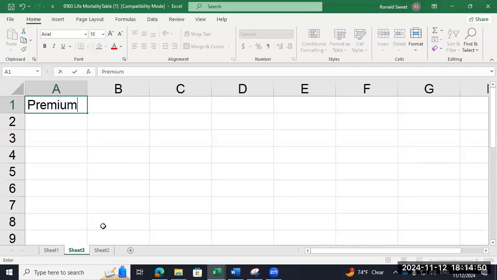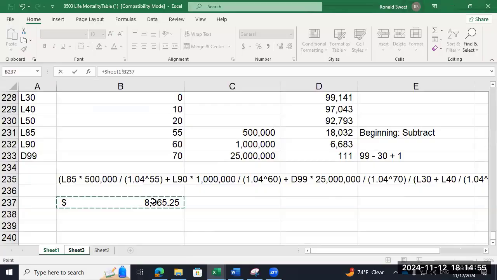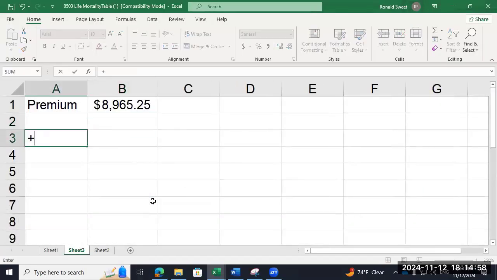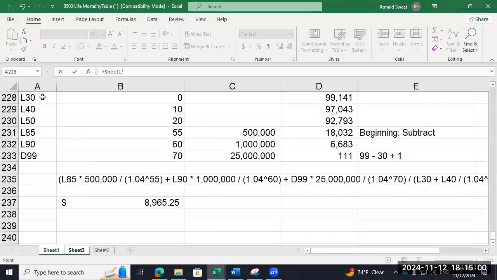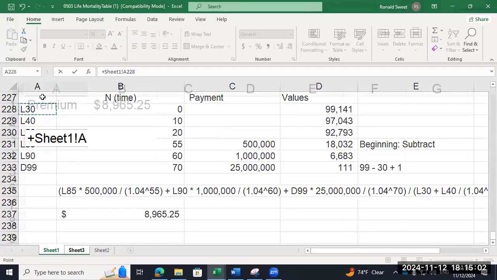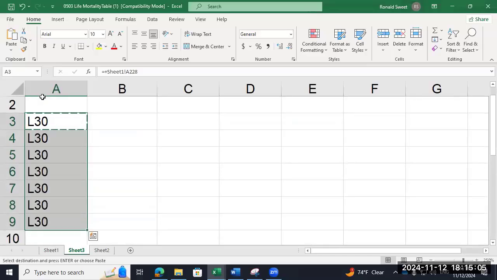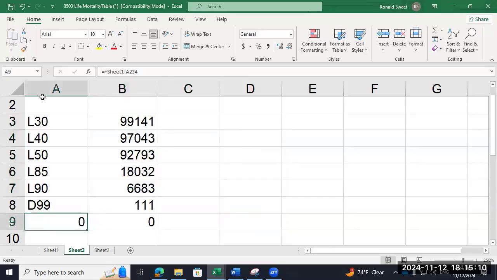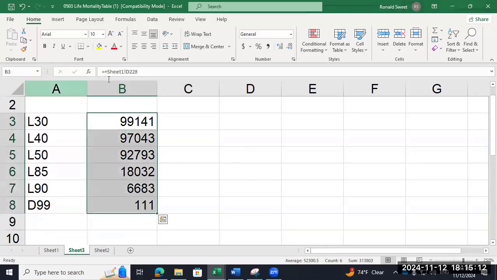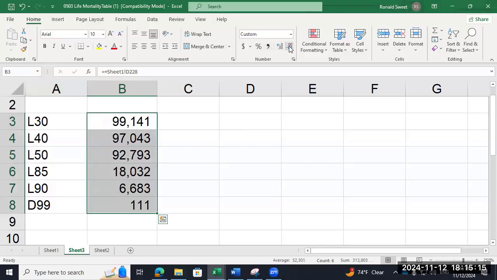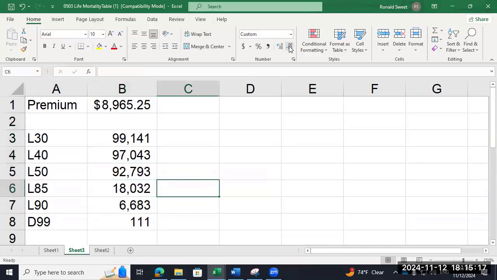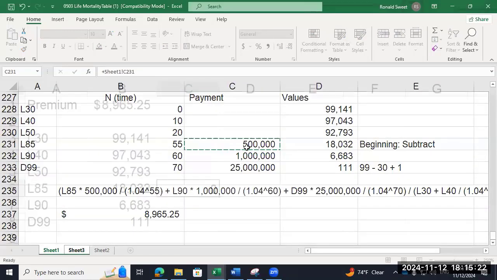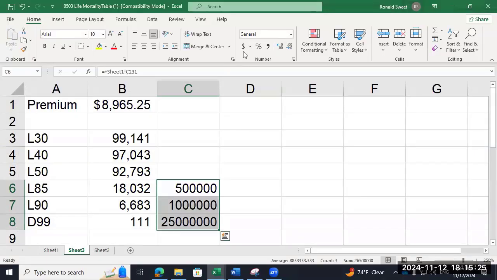So our premium is that. Amount we're going to pay: 500,000, million, 25 million.